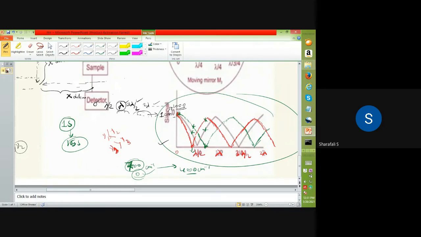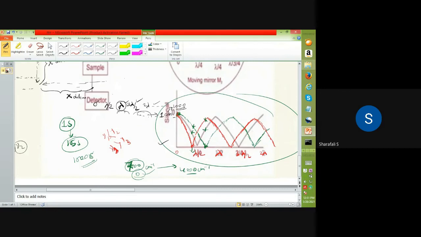If you want to take n number of scans, for example 100 scans, it will take only 1,500 seconds. So many scans can be performed by using this FTIR spectrometer within some minutes.